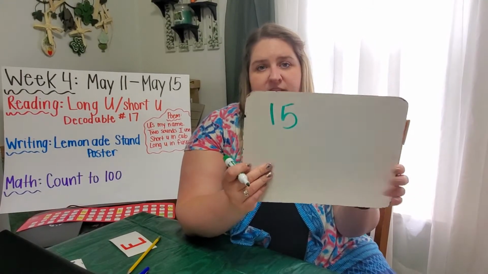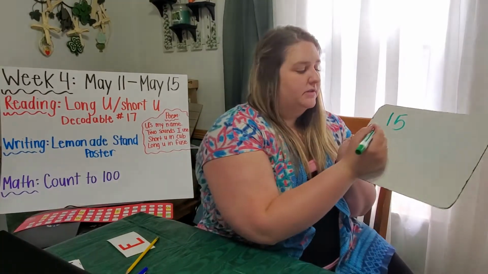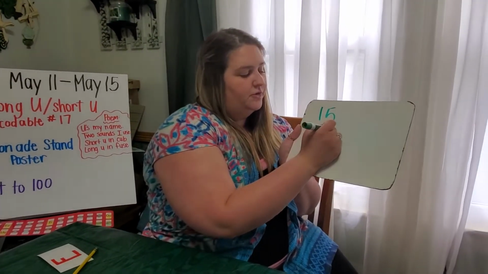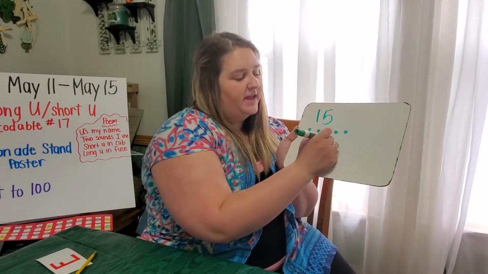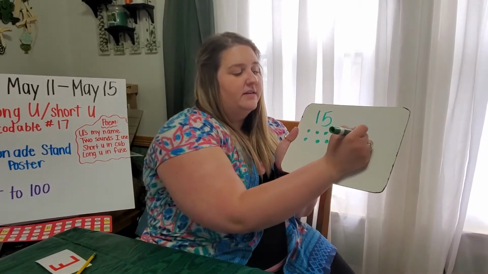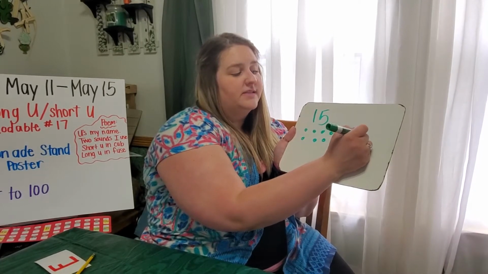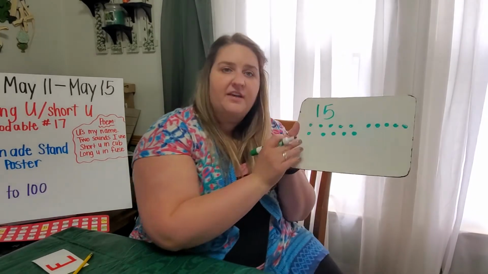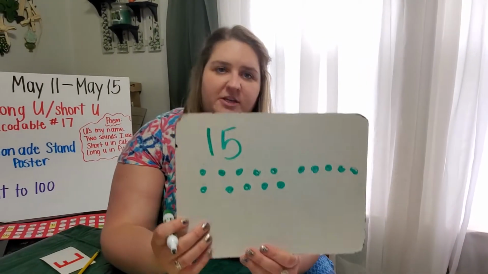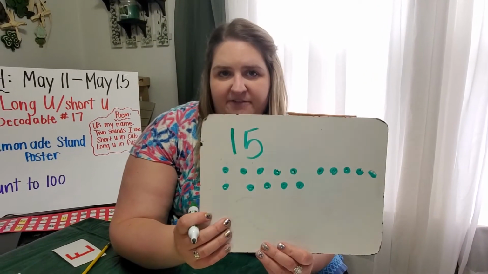When we have 15, we can draw 15 out. 1, 2, 3, 4, 5, 6, 7, 8, 9, 10. 10, 1, 10, 2, 10, 3, 10, 4, 10, 5. 10, 5, or 15. Because we know our special math way of counting, we call that 10-5.